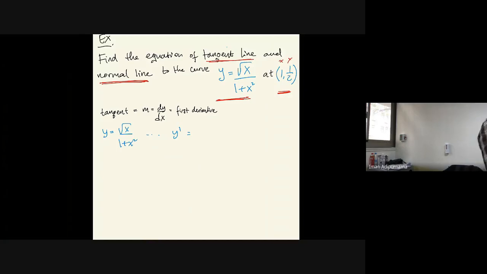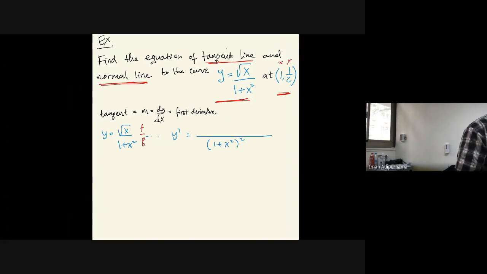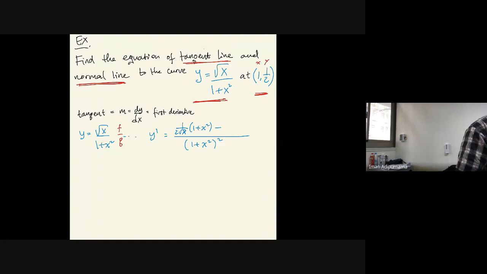And because we already learned the quotient rule, let's just use the quotient rule directly. This is f prime.